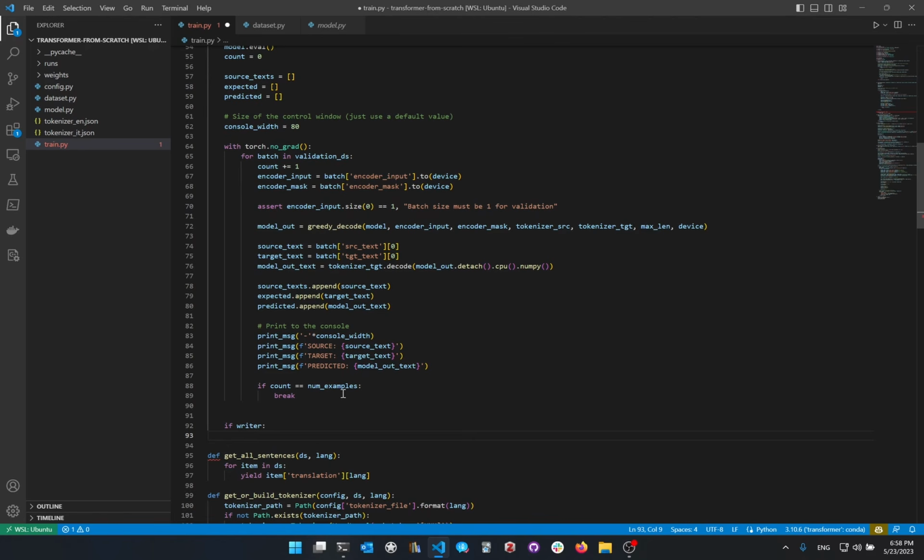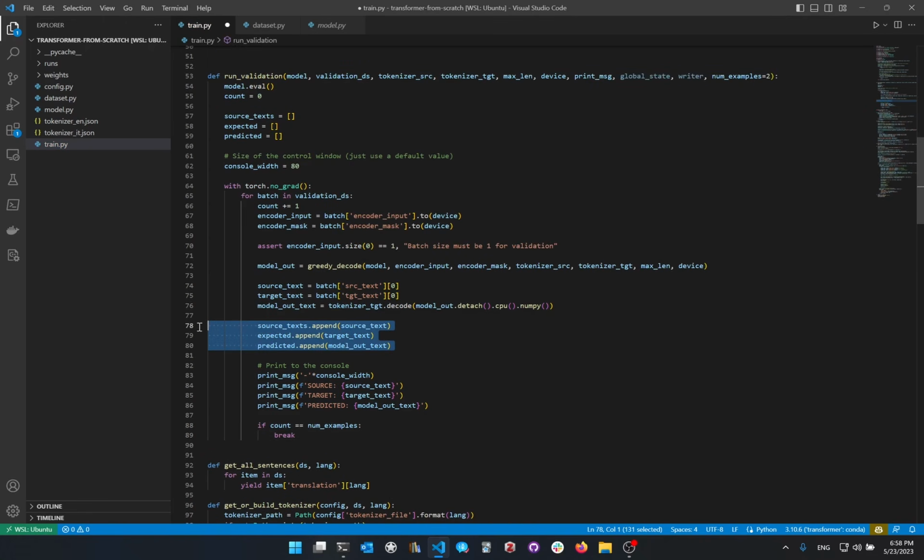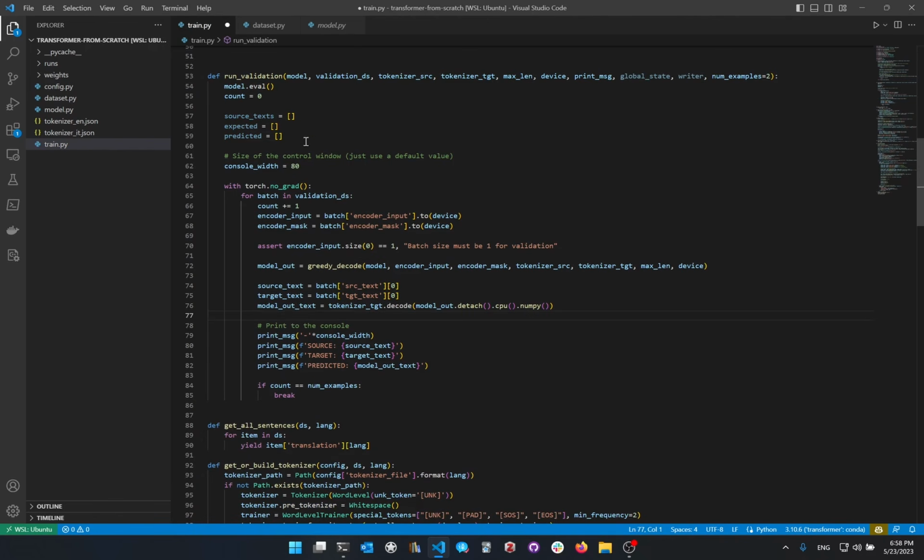I think we can skip this part, but if you are really interested, in the code I published on GitHub, you will find that I use this library called TorchMetrics that allows to calculate the char error rate, the BLEU metric, which is really useful for translation tasks, and the word error rate. So if you're really interested, you can find the code on GitHub, but for our demonstration, I think it's not necessary. So, we can also remove this, given that we are not doing this part.